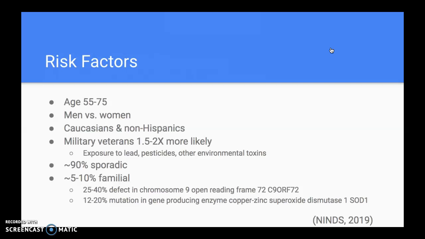About 90% of ALS cases are sporadic, and about 5 to 10% are familial. And out of the familial cases, 25 to 40% have a defect in chromosome 9 open reading frame, which I will discuss again later, and 12 to 20% show a mutation in gene producing enzyme copper zinc superoxide dismutase.